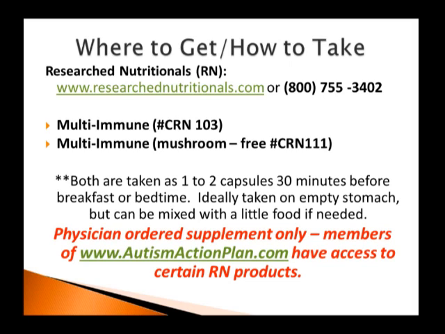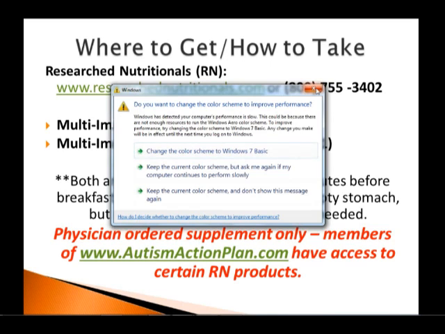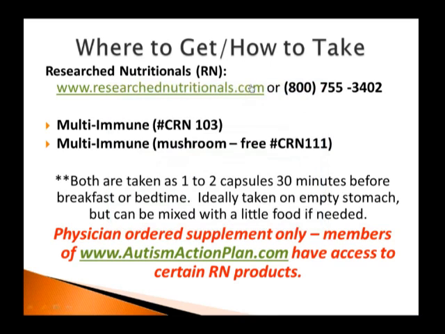However, any doctor can set up an account with Research Nutritionals, and they just have to contact them and set up an account, and they'll be given their own account number. New Beginnings actually does carry a few of their multi-immune products, so they may be accessible there, although usually that has to be done with a special code as well.